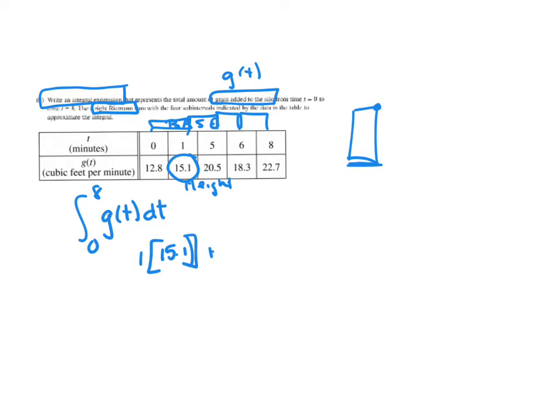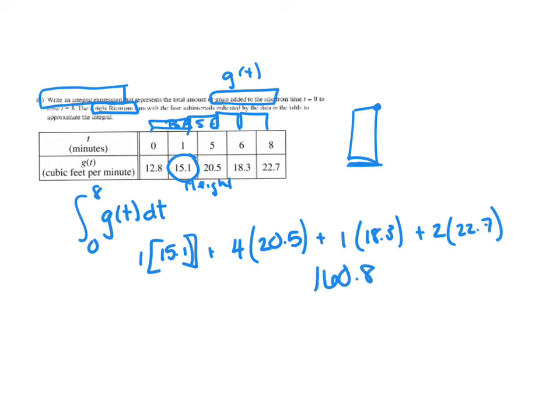Plus the next base is a base of 4 times 20.5, a base of 1 times 18.3, a base of 2 times 22.7. And again, plug and chug in your calculator. I've got 160.8. If I integrated cubic feet per minute, I took that rate away, and I'm just getting feet cubed.